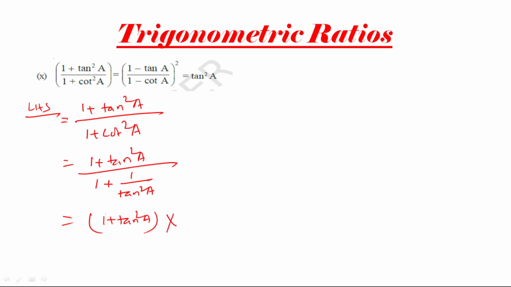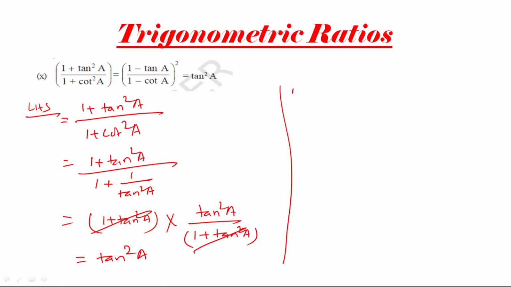Here the denominator part will become reciprocal, so tan square A will come at the top, and here it will become 1 plus tan square A. So this and this get cancelled, so we are left with tan square A.